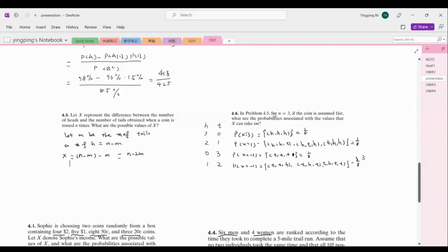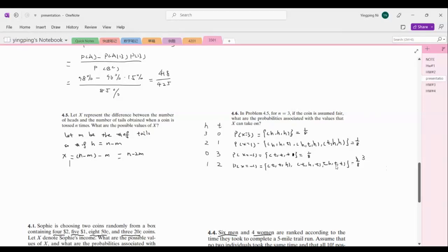And for 4.6, in problem 4.5, for n equals 3, if the coin is assumed fair, what are the probabilities associated with the values that X can take on? For the first one, we have 3 heads and 0 tails. The X will be 3, so the probability is 1 over 8.